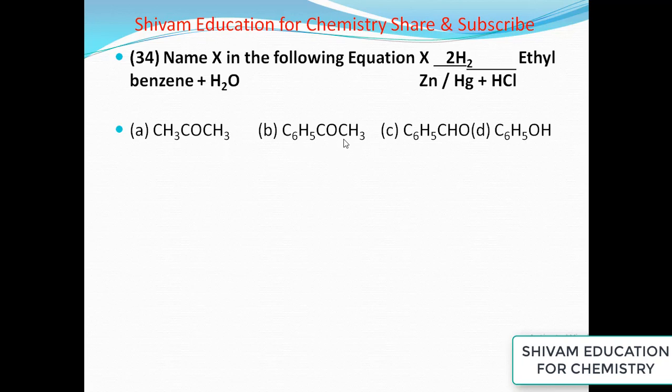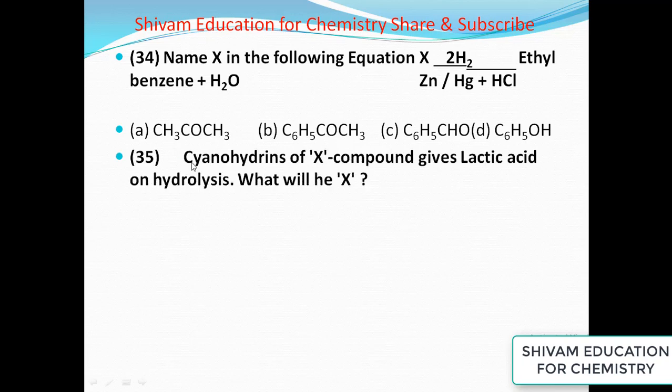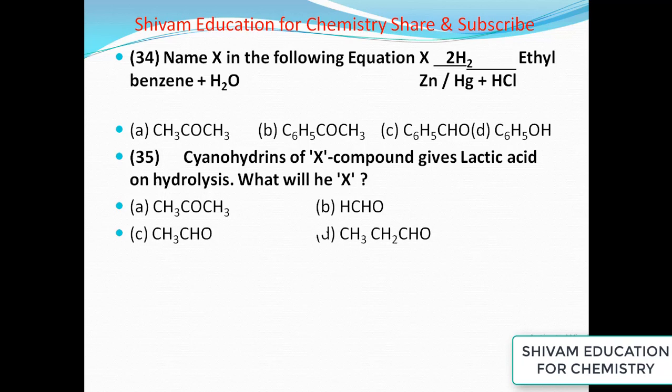Now question number 35. Cyanohydrin of X compound gives us lactic acid on hydrolysis. Then what is X? Now when aldehyde or ketone reacts with hydrogen cyanide, it gives us a cyanohydrin. So now HCN will be added. So you have to see that lactic acid has 3 carbon atoms, and HCN will be added during this process.